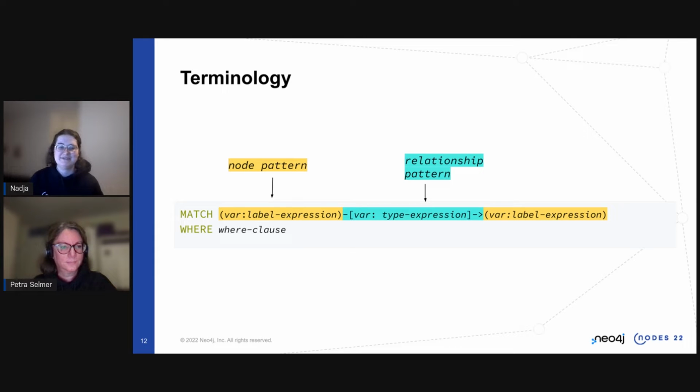Those themselves consist of some kind of name for the node that you're matching, and then a label expression defining what kind of node you want to match. And the same for the relationship patterns. You can then further filter on the patterns you want to return by adding where clauses, so you can have property constraints, etc.